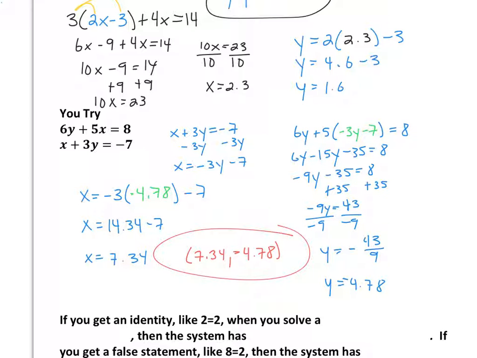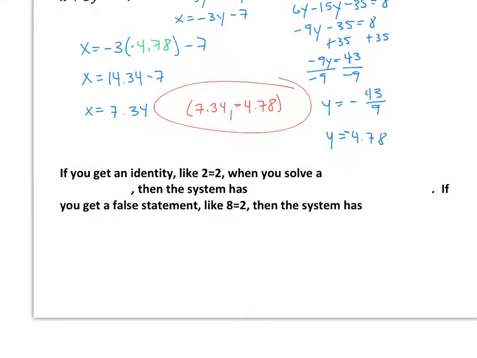All right, our last little bit here. If you get an identity, so you solve one of these equations and you get something like 2 equals 2, when you solve a system of equations, then we say the system has infinitely many solutions.